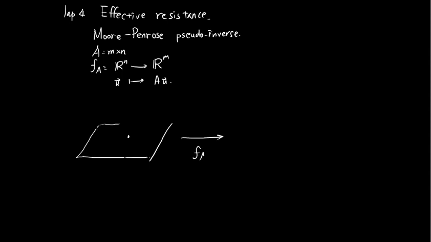After sending everything from R^n to R^m, there is a 0 in R^m, right?